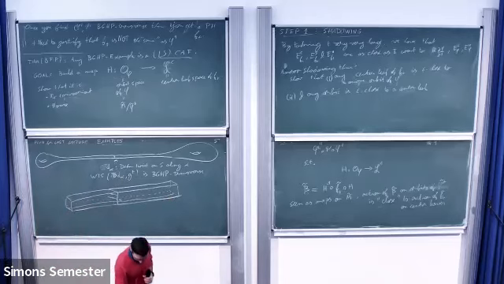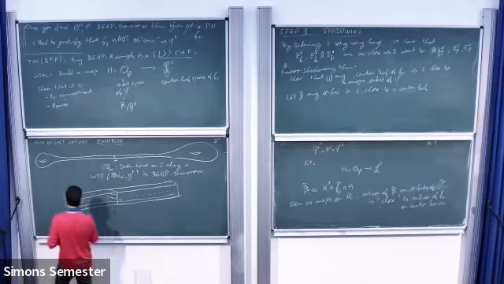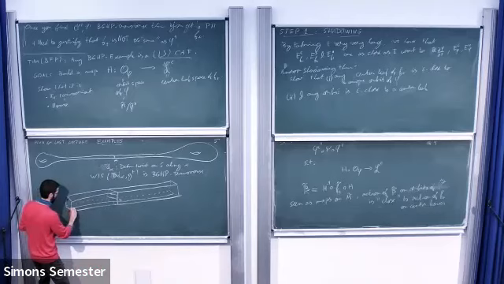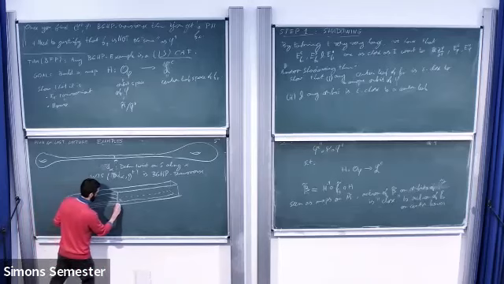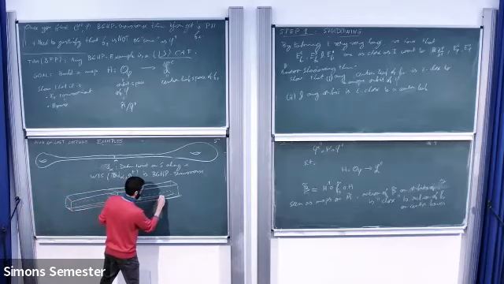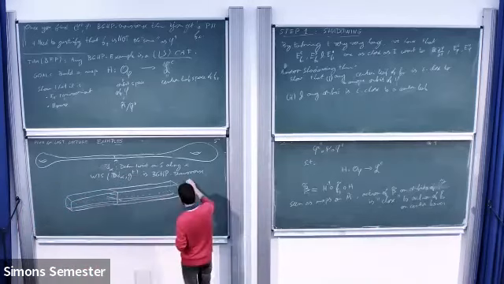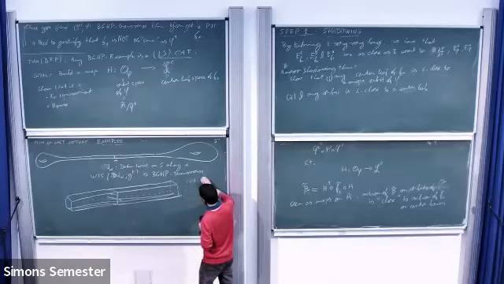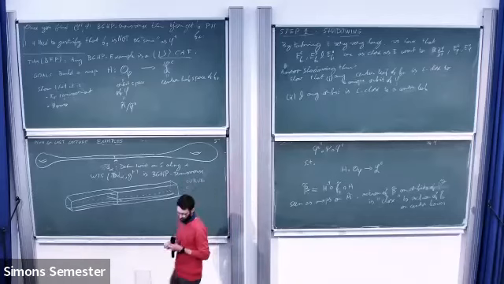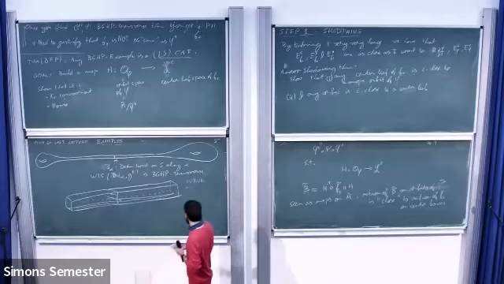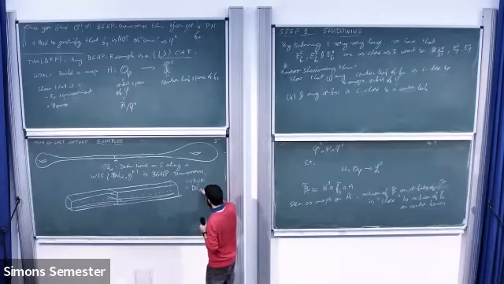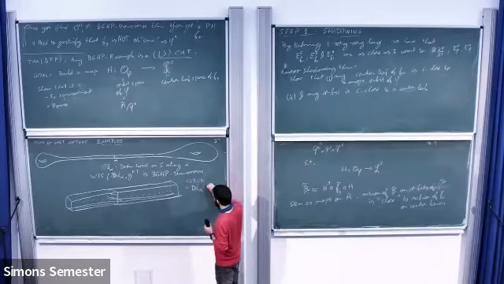The image should be something like this. So this purple curve is equal to d alpha of the orange curve.